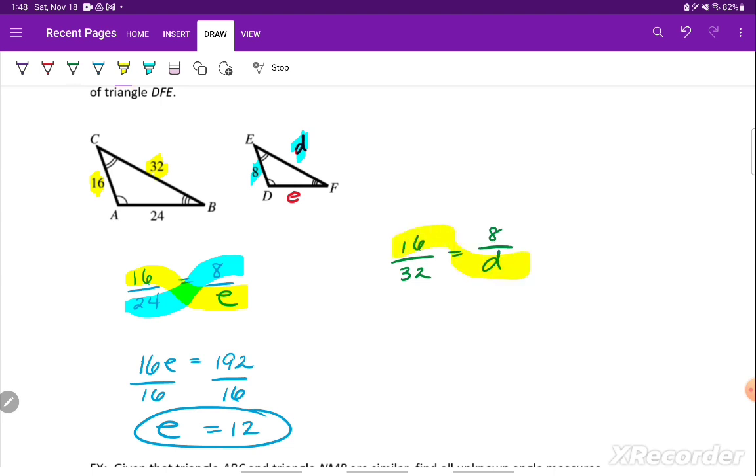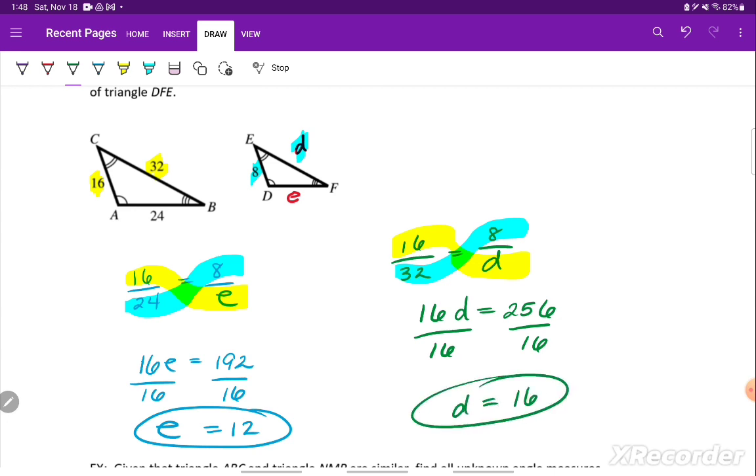Again, we'll cross multiply. We'll get 16d equal to 256. Dividing both sides by 16, we get side d to be equal to 16.